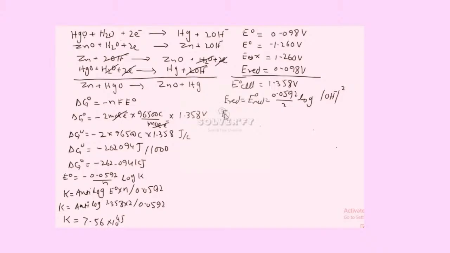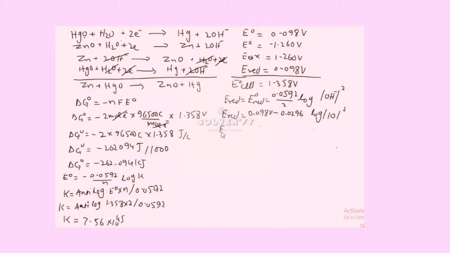If we increase the concentration of the hydroxyl ions by 10-fold, E reduction is 0.098 volt minus 0.0592 divided by 2, which is equal to 0.0296, and log of the concentration of the hydroxyl ion increased by 10-fold in the reduction half.